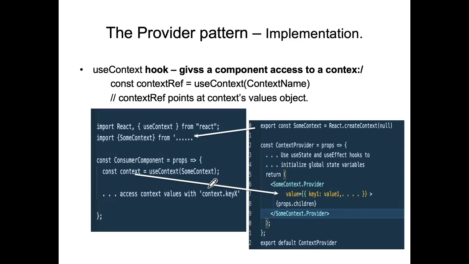So if you go context dot key X or key Y, where key X or key Y is one of the keys that you've declared over here, you're now essentially accessing a particular value within the context, within the orange box. So it's by no means a clean implementation of the provider pattern, but there you go anyway. That's how you achieve it.